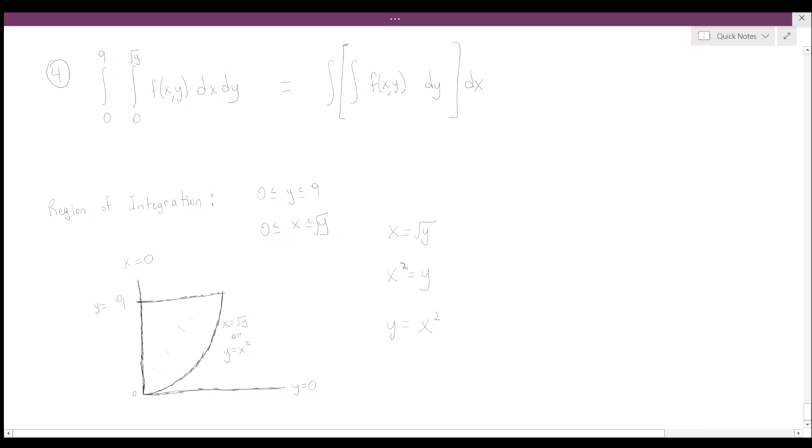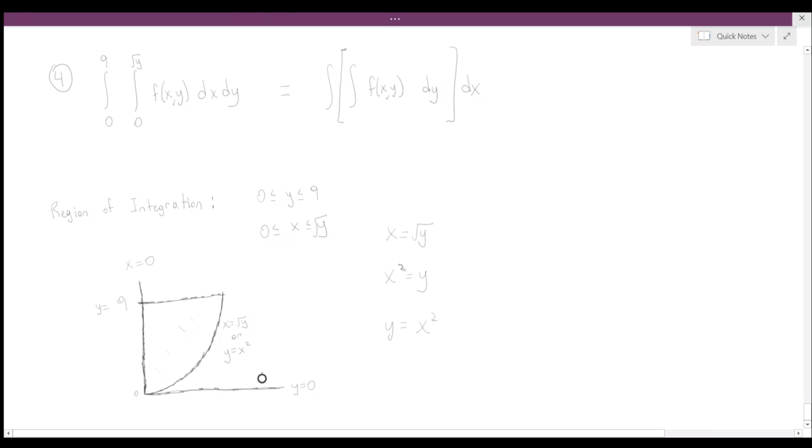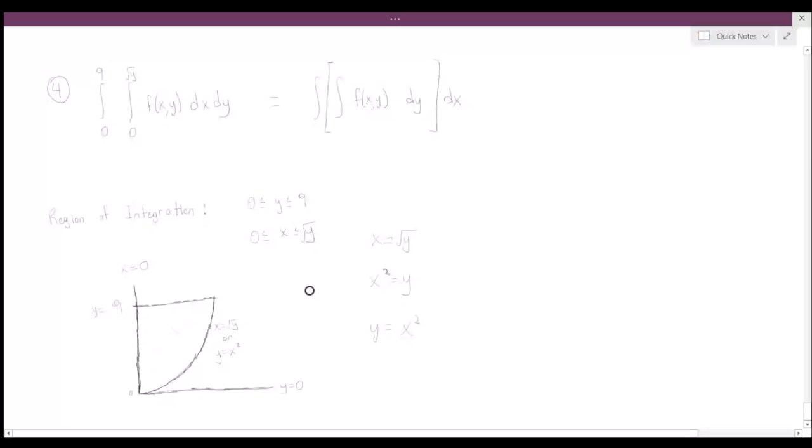Okay. So remember that the bounds on the outside should be just numbers, okay? So if I want bounds on x in this region, I would say that it starts at 0. And the furthest out that x will go is here, okay?